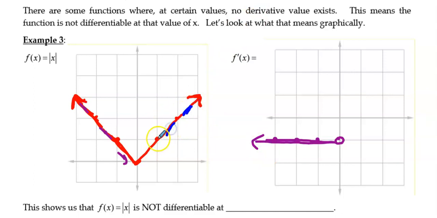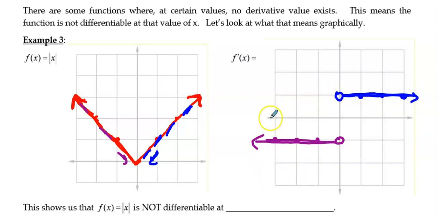A tangent line maybe here or here or here. Notice that the slope of these tangent lines is actually +1. So at x equals 3, I have a slope of +1. At 2, I'm at +1. At 1, I'm at +1. As we approach 0 from the right, we get +1.